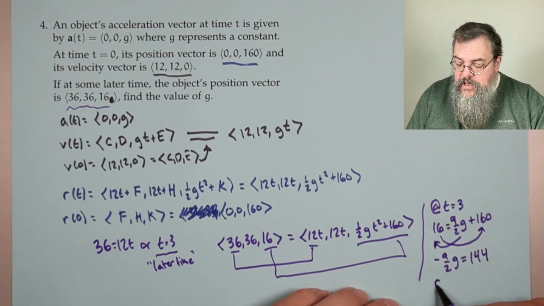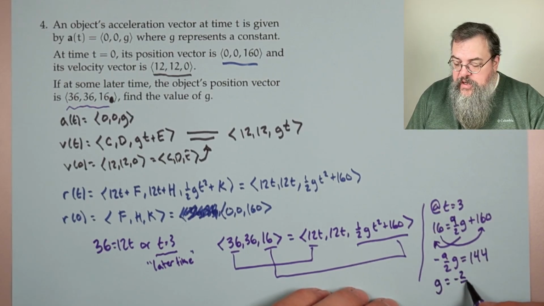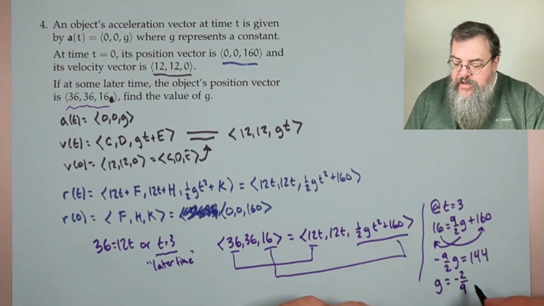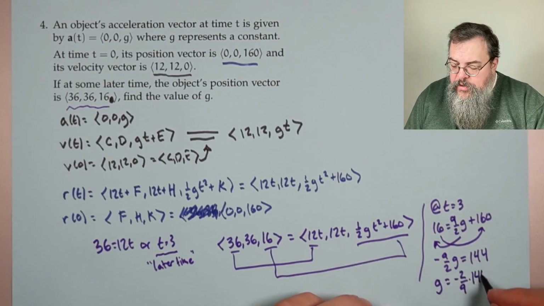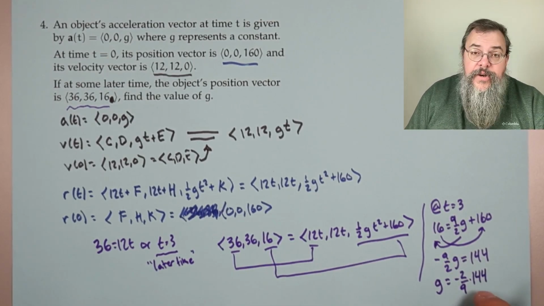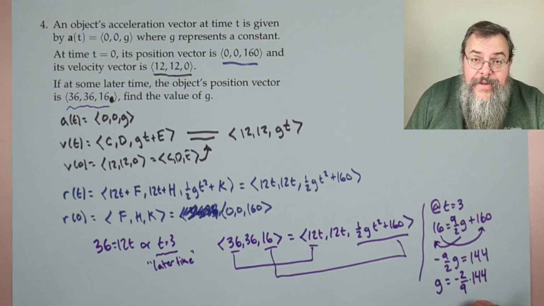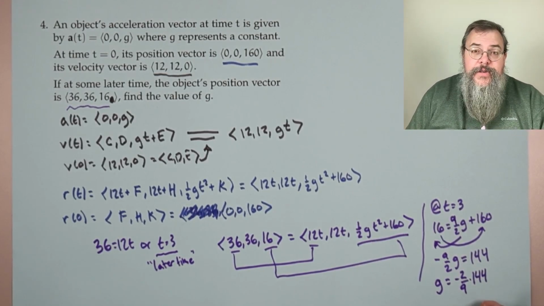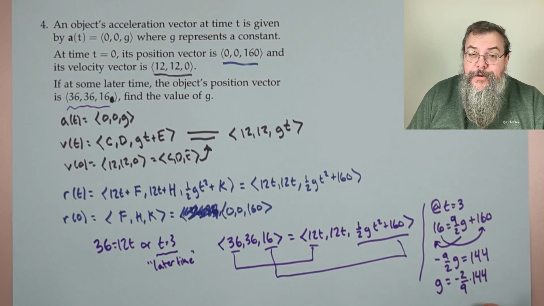So then g is minus 2/9 times 144. Just flip it over, move it across. Well, it turns out if you take 9 and divide it into 144, you get 16. Now, if you're not sure about that, you can really think of 144 as kind of gross.